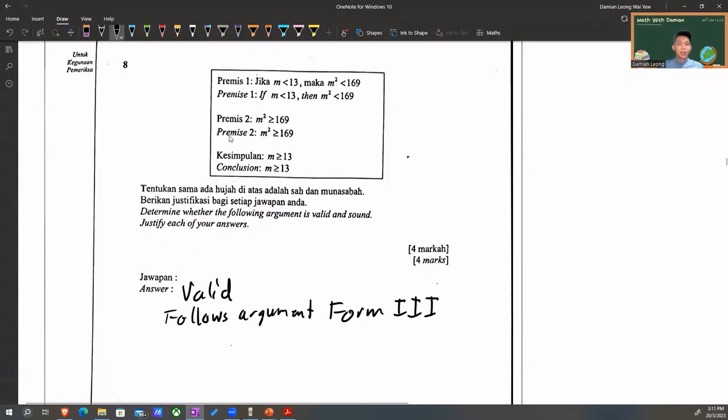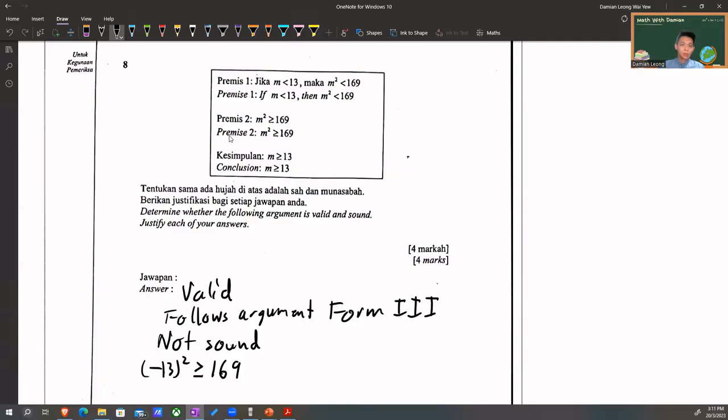Then we see whether it's sound or not. Sound or not depends on whether everything is correct or not. So if m squared is more or equals 169, m more or equals 13, this is not sound. Why? Because -13 squared would be more or equals 169.